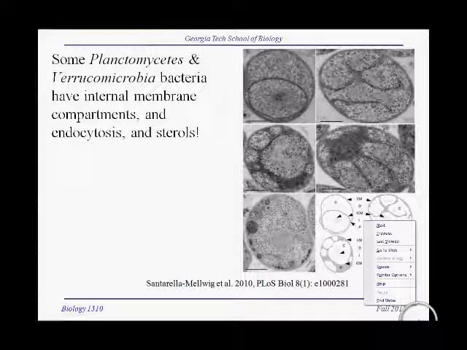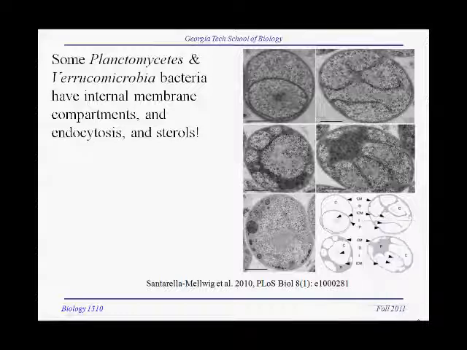These are primitive sterols, not as evolved or as complex as eukaryotic sterols, but sterols nevertheless. This is evidence that at least these eukaryotic features didn't evolve in eukaryotes de novo, but possibly originally evolved in a group of bacteria.